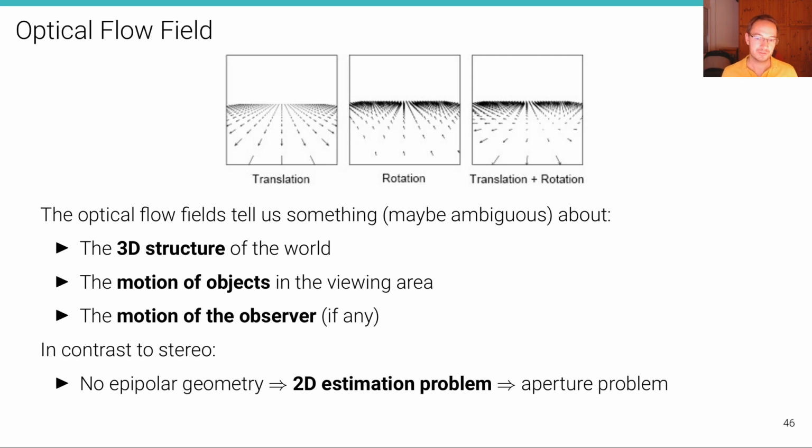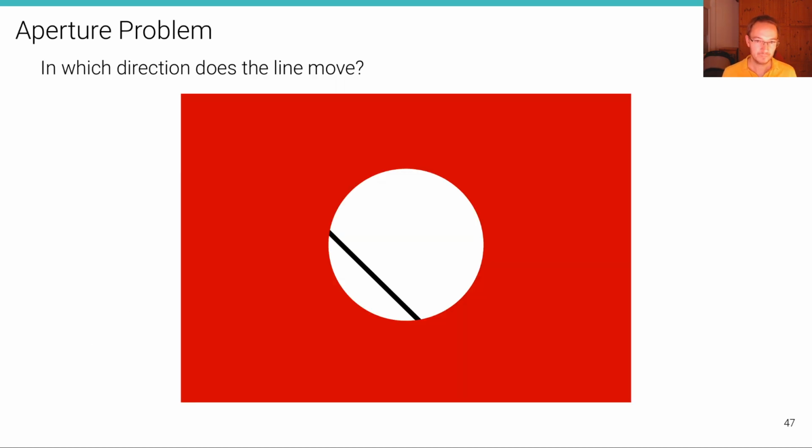And this is also illustrated by the famous Aperture Problem, where we look at a geometric element, in this case a line, through a small pinhole, and wonder if this one measurement effectively that we're taking is sufficient to describe the direction into which the line moves. So it's another nice thought experiment.